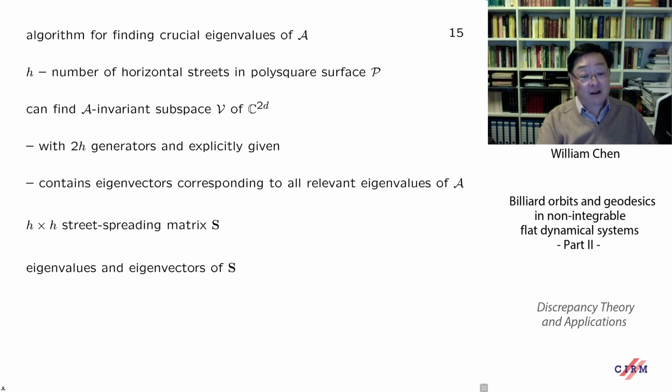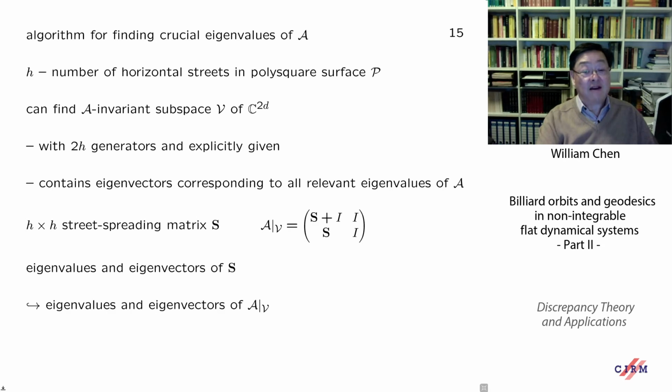Now, we can calculate the eigenvalues and eigenvectors of this H by H matrix. Then there is another matrix that is 2H by 2H, and the algorithm allows us to calculate the eigenvalues and eigenvectors of that. And from that, we can actually find the relevant eigenvalues and eigenvectors of the original matrix A. Right? This is a lot simpler.